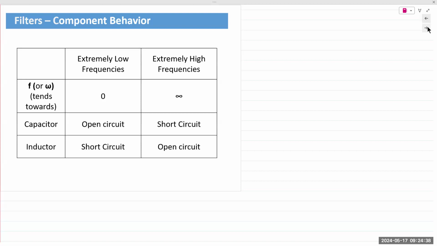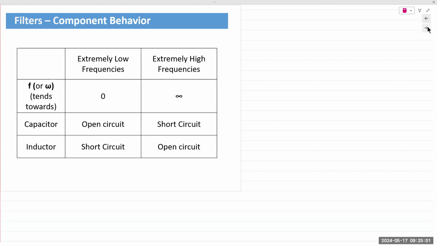Now, the entire chapter, as I said, we are studying frequency response. The words themselves mean that the behavior of the circuit will change depending on the input frequency.